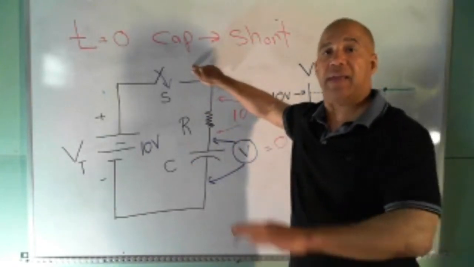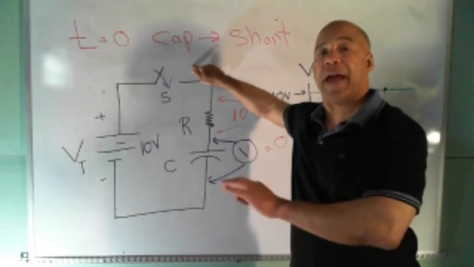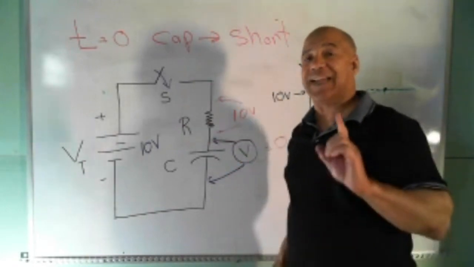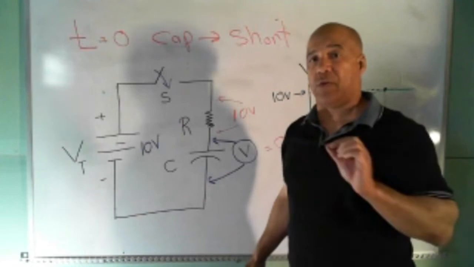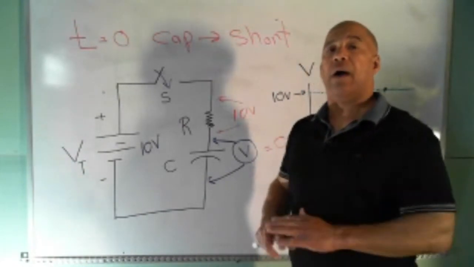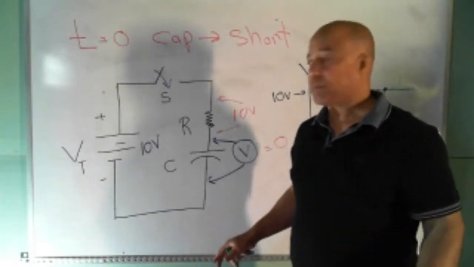You've got to remember that and basically replace every capacitor with a short. So that's time number 1 I'm going to look at: at t equals 0, the capacitor is a short circuit.